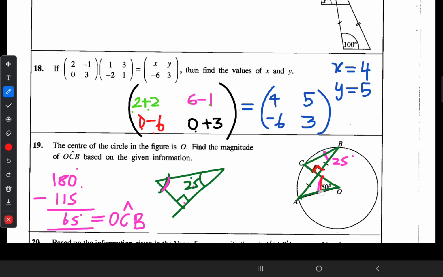So the angle in center is double of the circumference angle. So 25's double is 50. So here it would be 25. Thereafter, sum of interior angles in a triangle 180. From 180, when we subtract other two known angles, that would be 65. OCB.